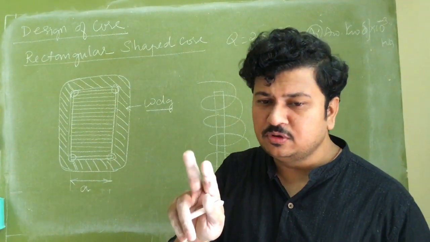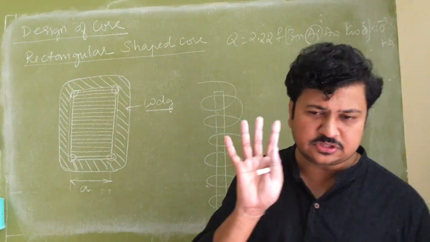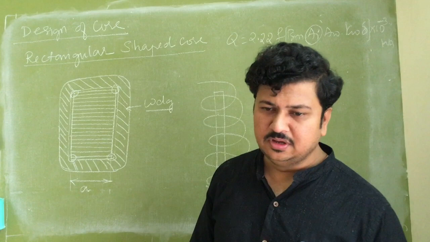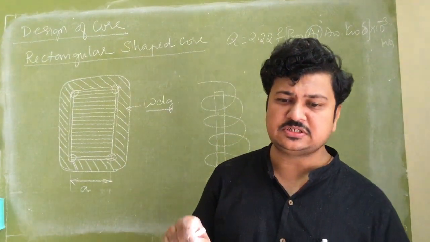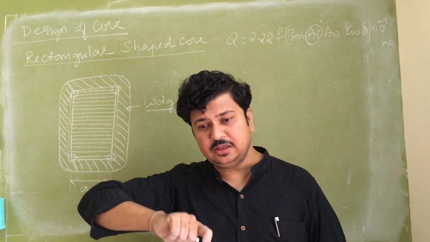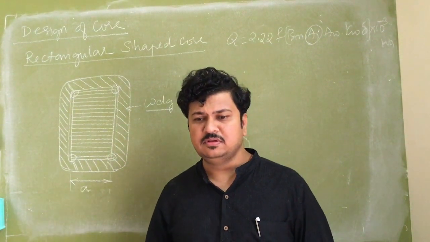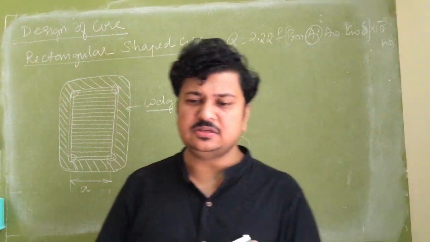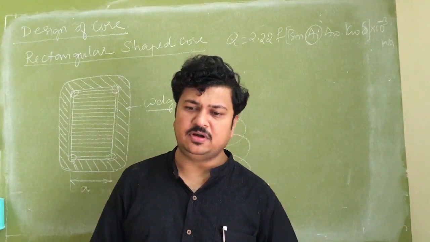And in between those 2 turns, when there is short circuit, the voltage becomes 0, because across a short circuit voltage is 0. With this, what happens? The condition of short circuit starts spreading in the entire winding structure. So over a period of time, the major part of the winding may experience short circuit, and that may create a large fault in the transformer.